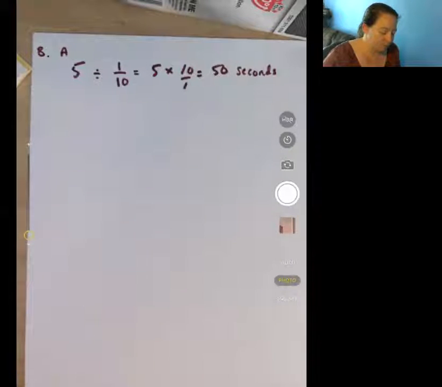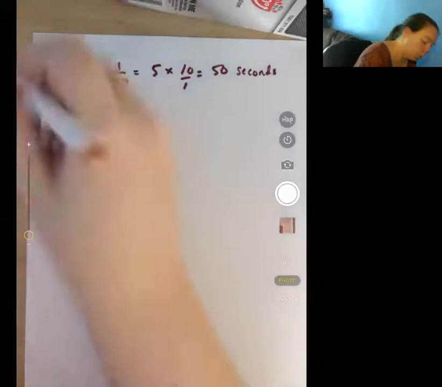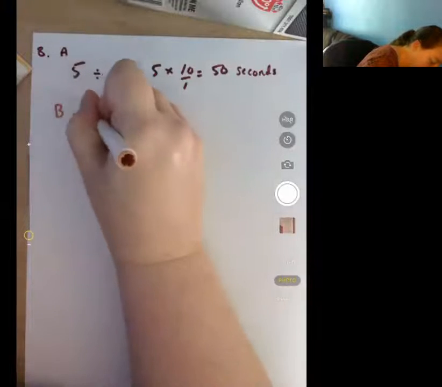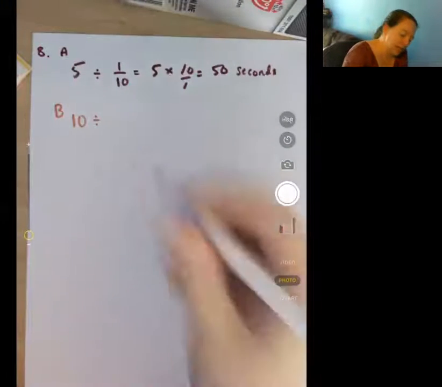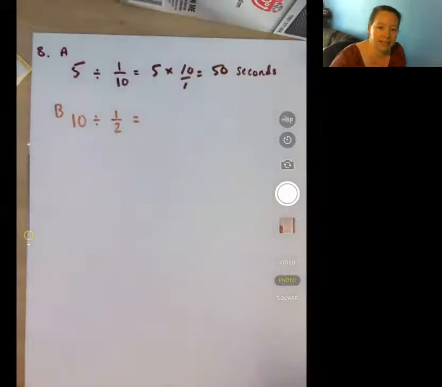Okay, so we can use the information that we already have in A, so we don't have to solve for that one again. But we still need to solve for the cooter tortoise. So here we have 10 meters and a half per second.